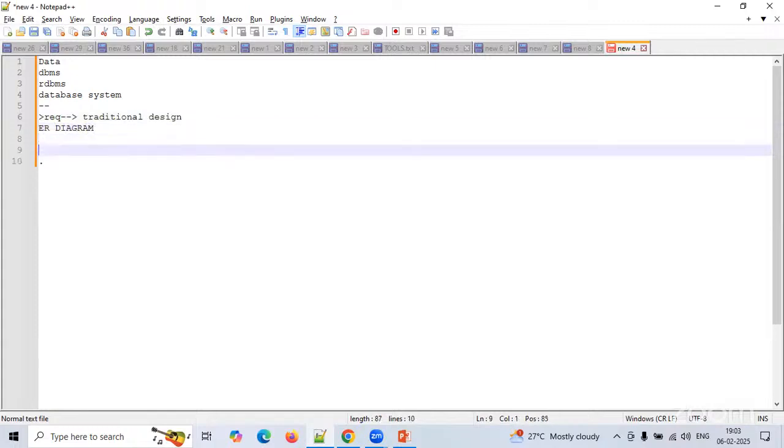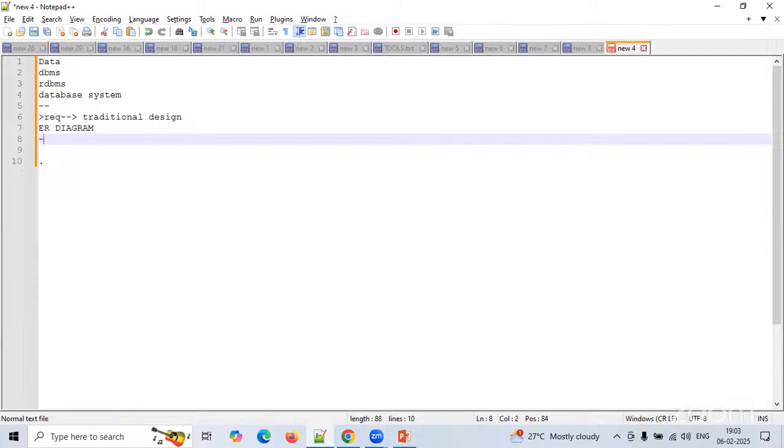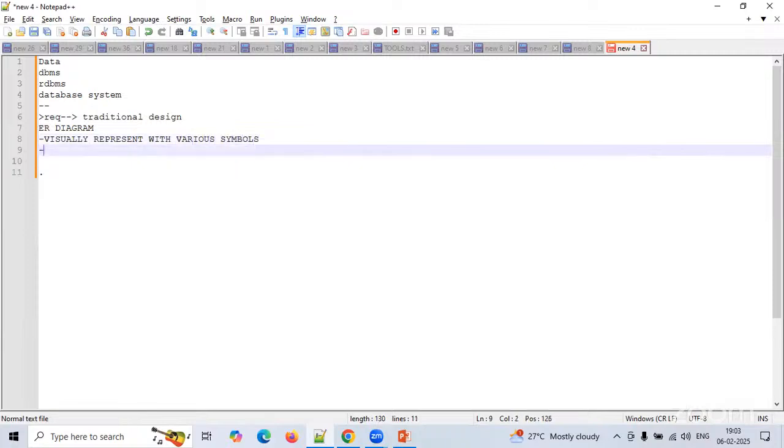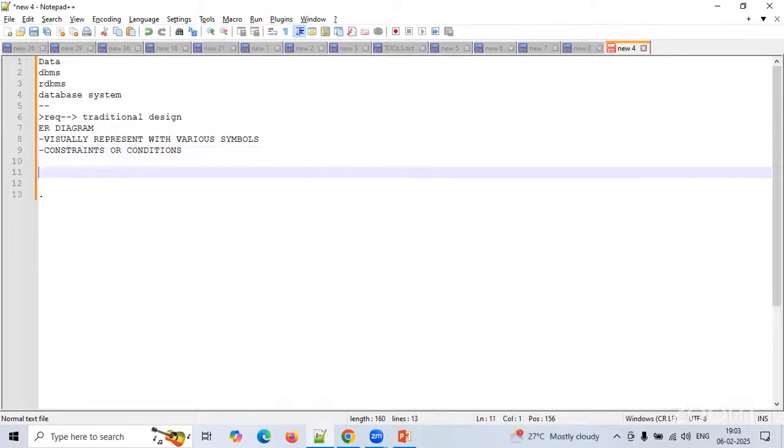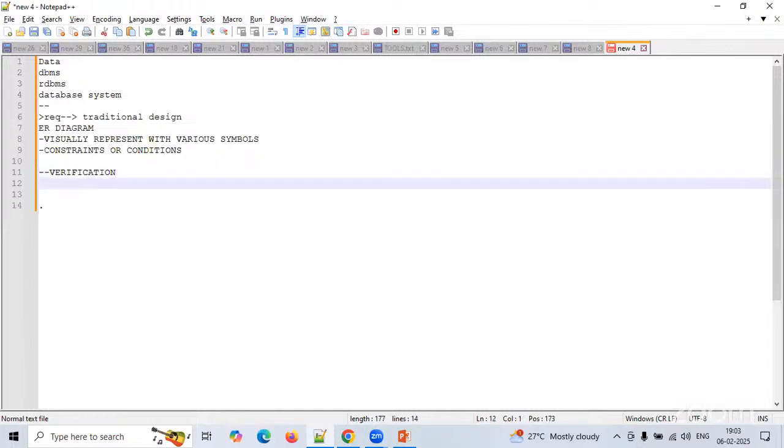Once the ER diagram was discussed, we saw how to represent it visually with the various symbols. Then we also discussed constraints or conditions. Once the database design is done, we have to do the verification. That is normalization.